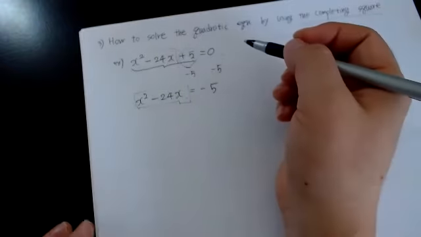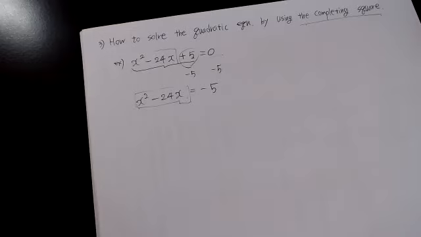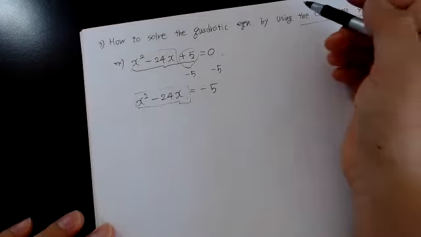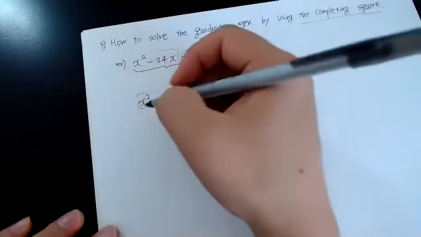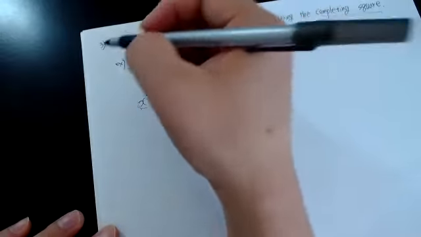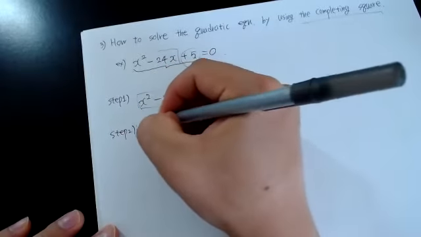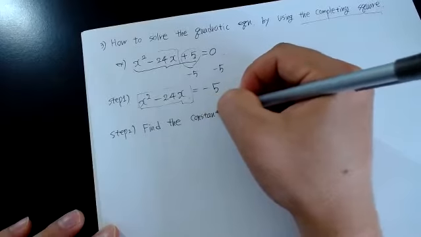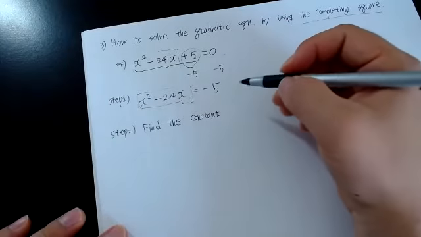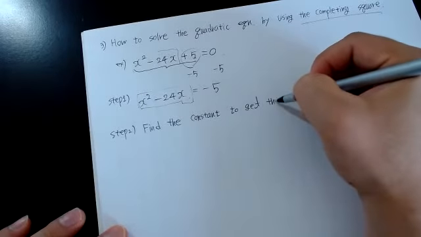We did that in the section 1.3, I'm sorry, 1.3, when we dealt with the equation of a circle. So it's just step 1, now step 2: find the constant to get the perfect square trinomial.